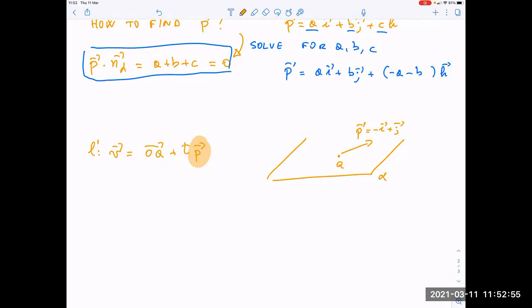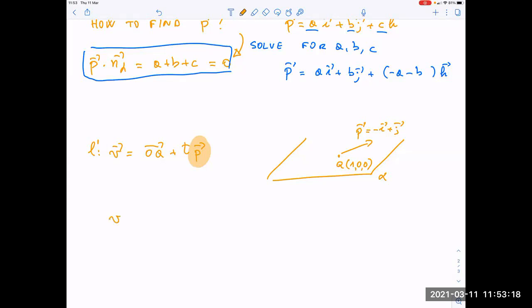Yep, 1, 0, 0, or any point such that the sum of the coordinates, exactly, Giancarlo Sordones Herrera, such that the coordinates satisfy the equation of the plane. So 1, 0, 0 is fine, but anything which has sum equal 1 is going to work.